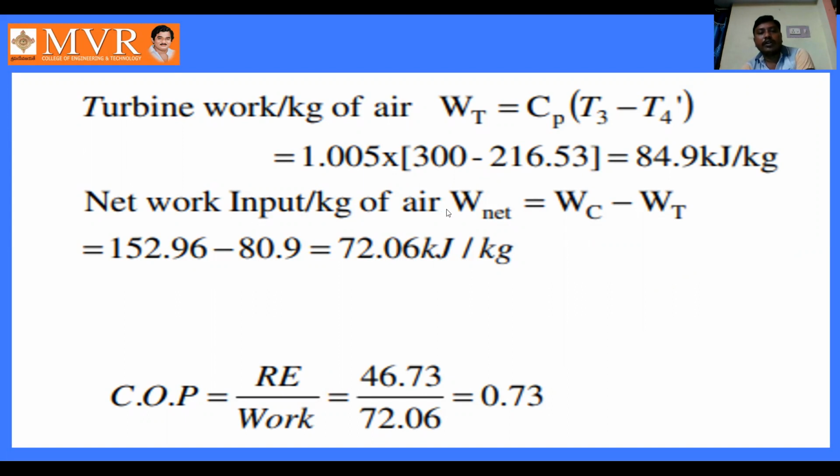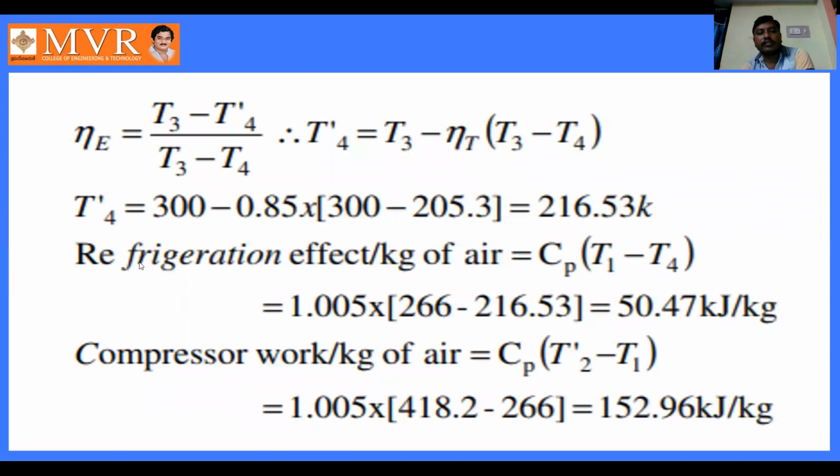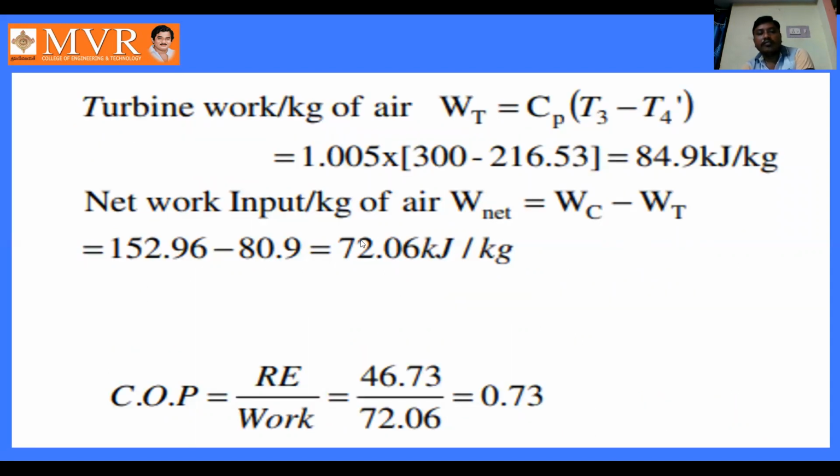The net work output is the work done by the compressor minus the work done by the turbine, which is 152.96 minus 84.9, equal to 72.06 kilojoule per kg.